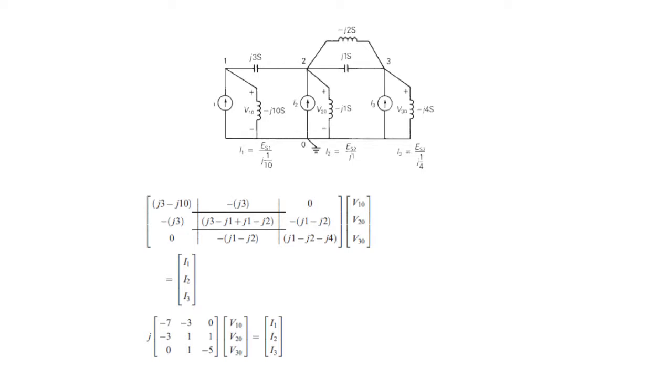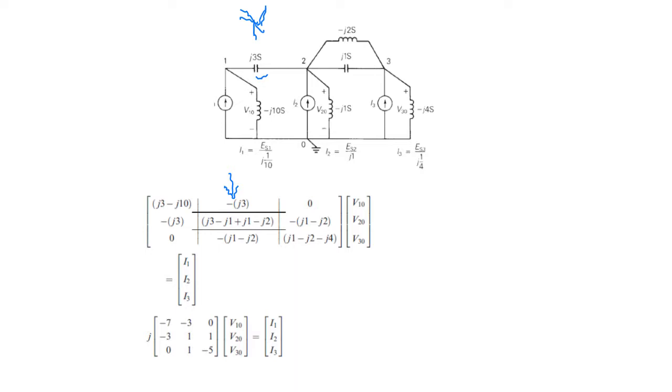Because we convert this into the admittance matrix, this is Y, by the way. This is our Y. So we put minus in front of every one which is off the diagonal. Where does the minus come from? Because we say V1 minus V2 over Z, so it's a negative.